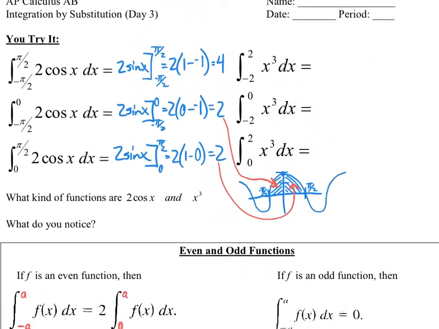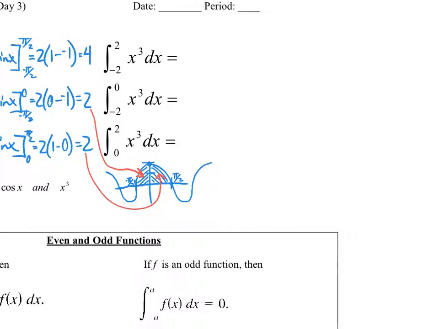Now, let's go back here to the second one. Okay, we had this x cubed. So the integral of x cubed is x to the 4th over 4. So that's the case for all of these.